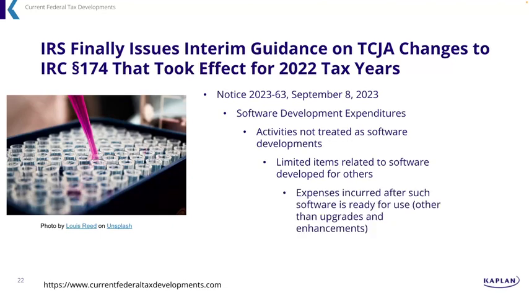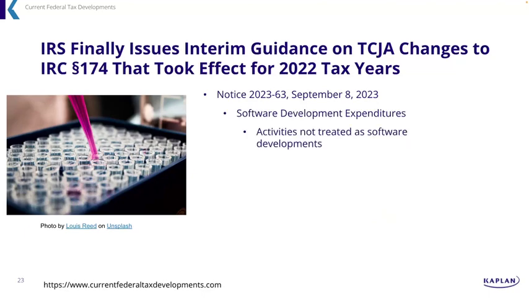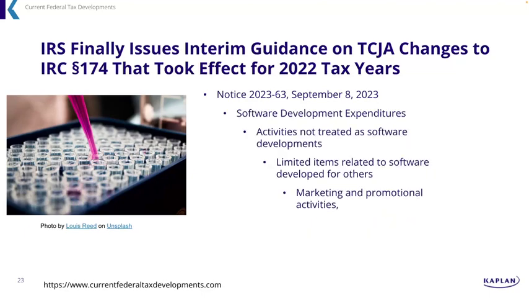Any expenses incurred after the software is ready for use by the other parties, other than upgrades and enhancements, which we then do separately. Marketing and promotional activities for the software that we plan to have others use. That's also not considered part of the deal. Maintenance activities that do not give rise to upgrades and enhancements are not part of the deal, right? Or can be excluded from software development costs.